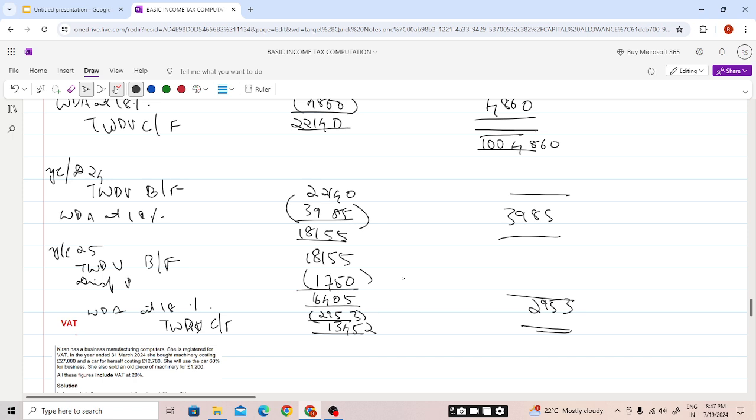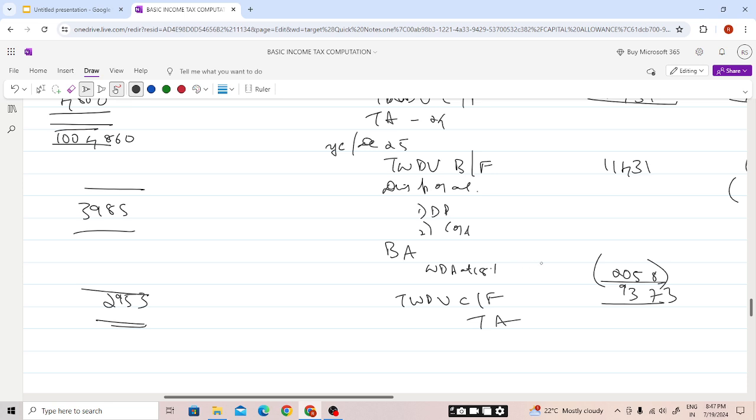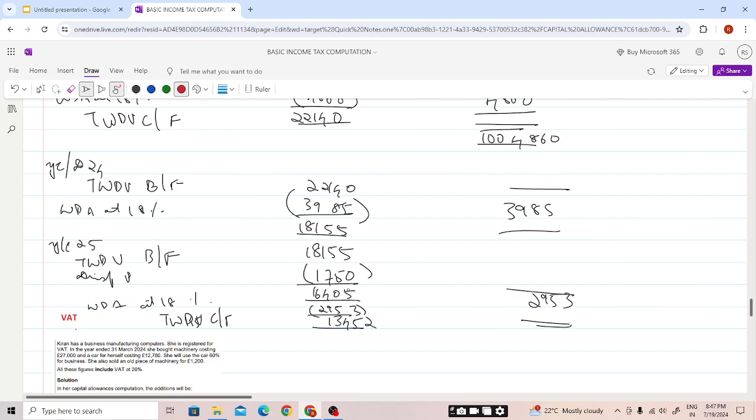The benefit will be in making the election. The election will be beneficial, because we can claim 7,032 capital allowance, but if we had not made the election, we were only able to claim the allowance of 2,953.